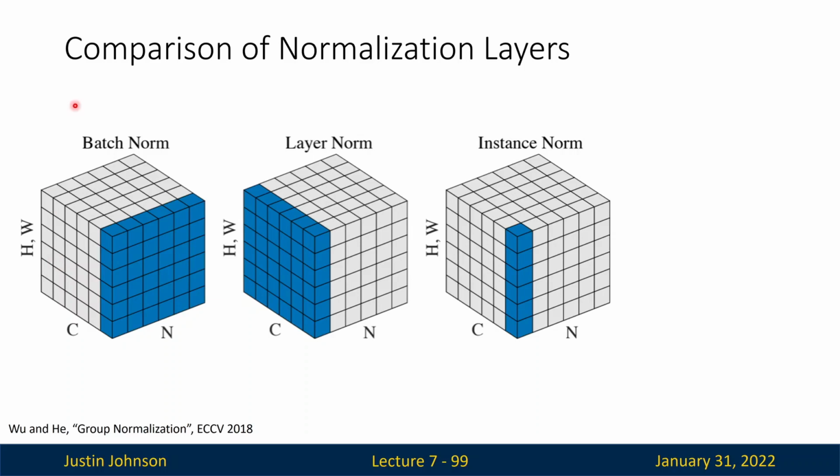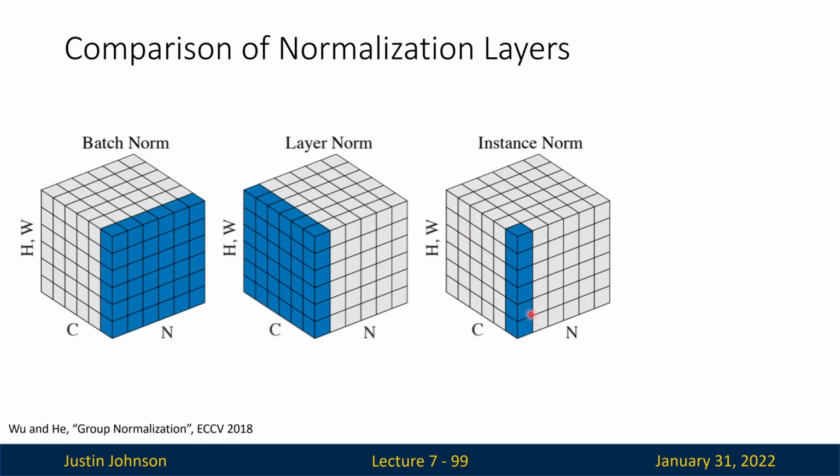Batch normalization means we normalize everything along the dimension of channel. Layer normalization means we normalize data with respect to the number of instances and layers. And instance normalization means we normalize the data for every instance.